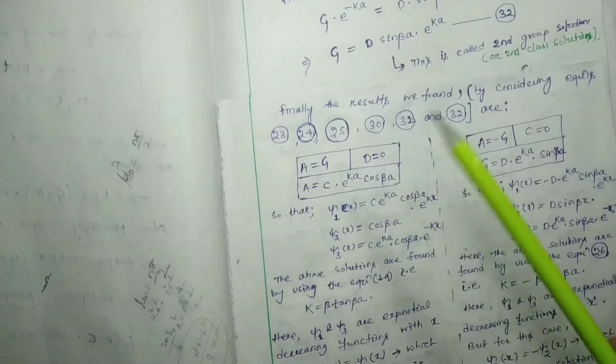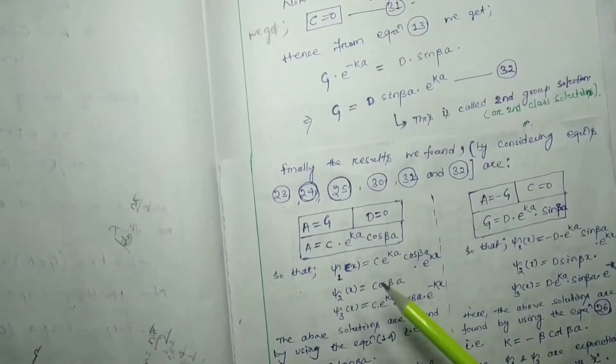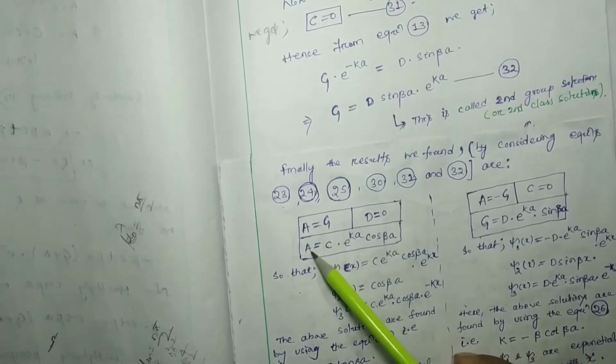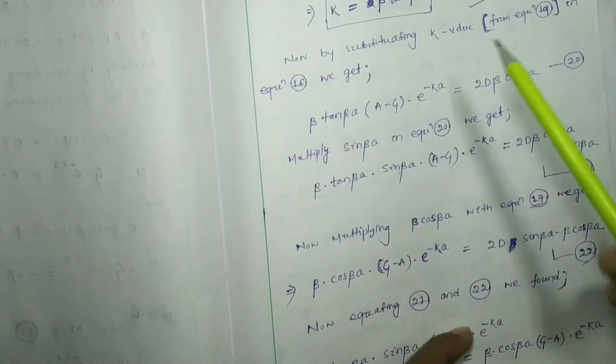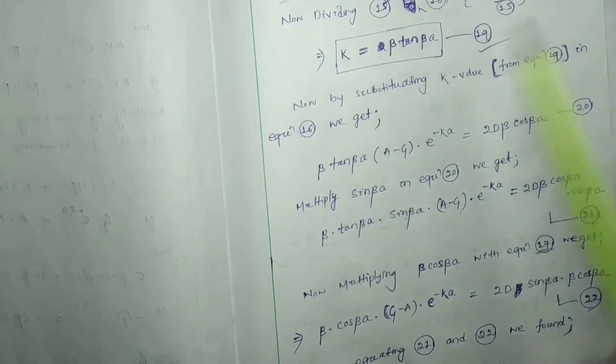Okay, so here again, before that I am going to share with you one thing: A equal to G, D equal to 0, A equal to this much we found by considering equation 19.